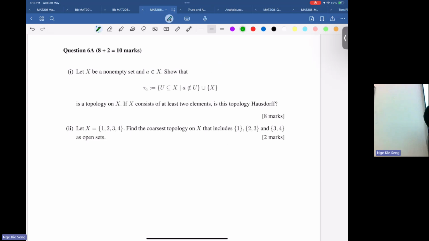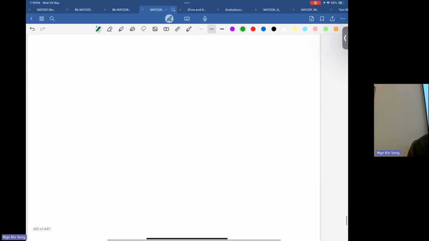Just that you mixed up the assumption that the whole set could be an open set. The whole set actually is an open set, right? Sometimes this is a bit tricky.